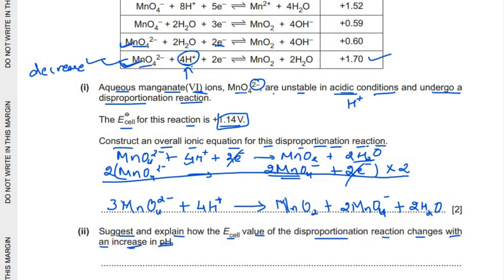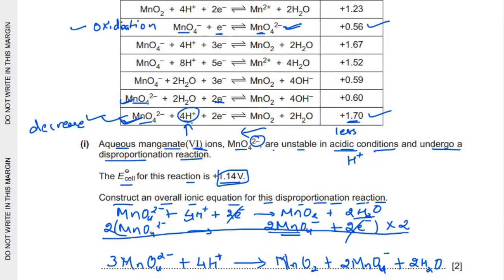If the H+ ion decreases, the equilibrium is going to shift to the left side, and if the equilibrium shifts left, the positive value is going to become a less positive value. If the less positive value is used here, then in the subtraction of this equation and the other oxidation equation, the answer after subtraction will also decrease because the bigger value has decreased.